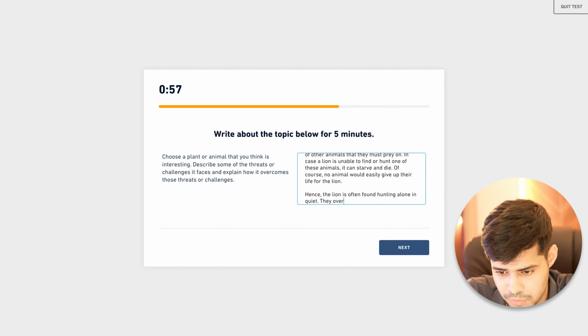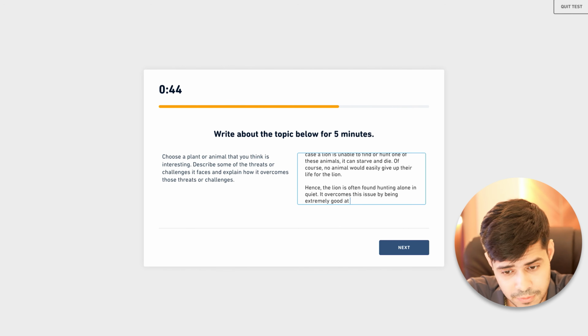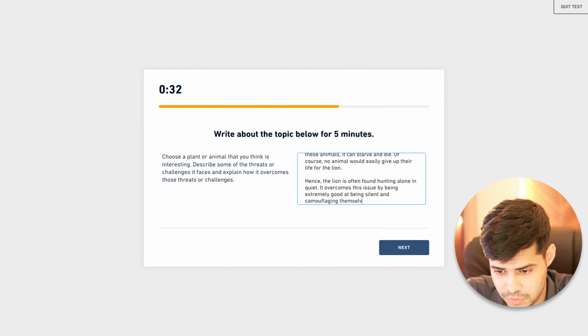It overcomes this issue by being extremely good at being silent and emerging and camouflaging themselves in the woods, right?